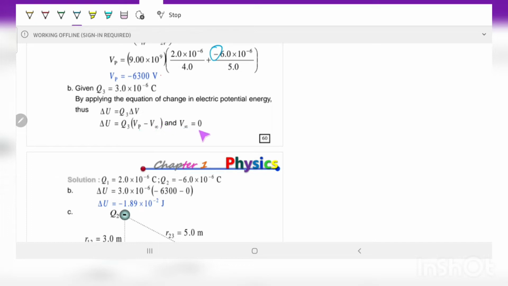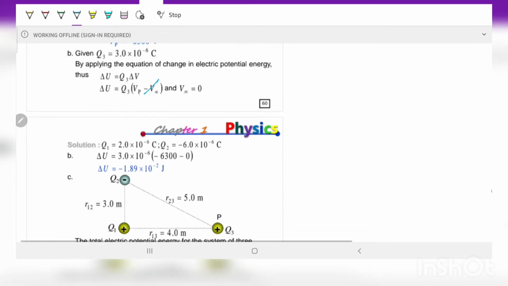V pada infinity adalah kosong, so kita tinggal dengan VP sahaja. VP awak dah kira ke atas, negatif 6300. So masukkan, darabkan sahaja dengan nilai test charge tersebut. So dapat negatif 1.89 10 power of negative 2 joule.